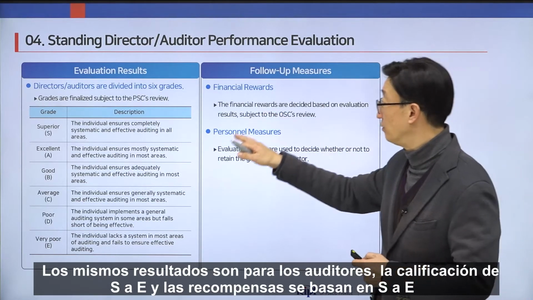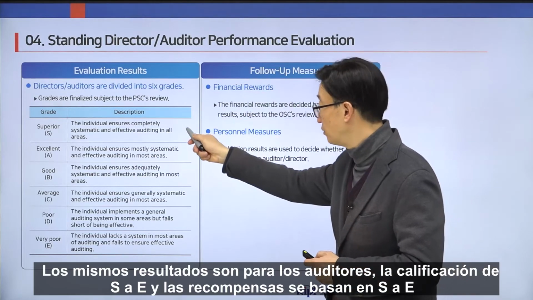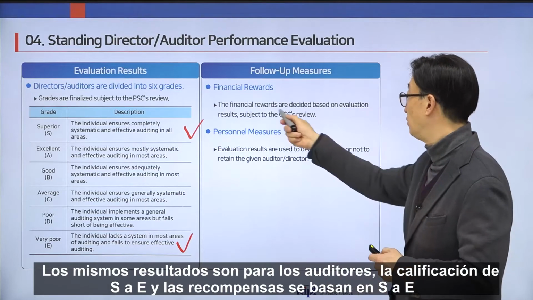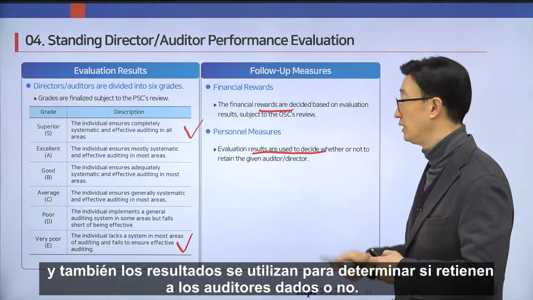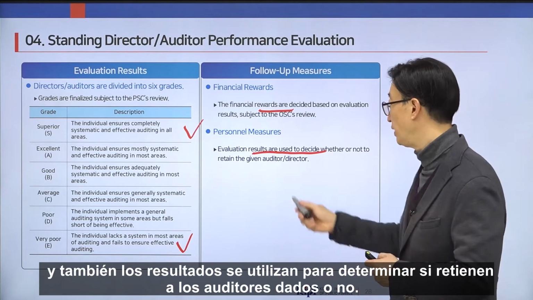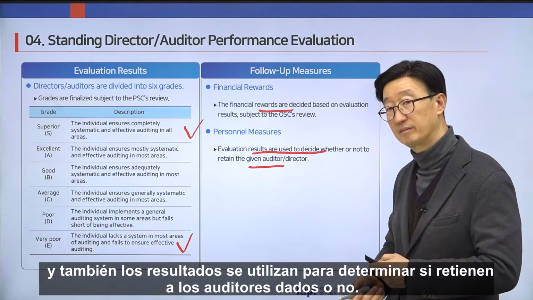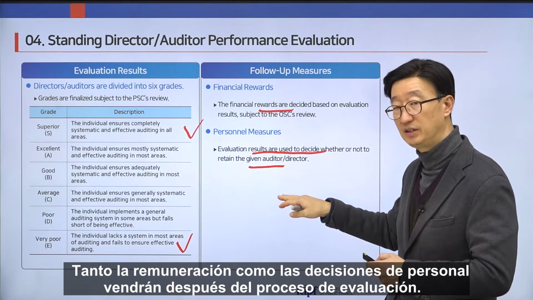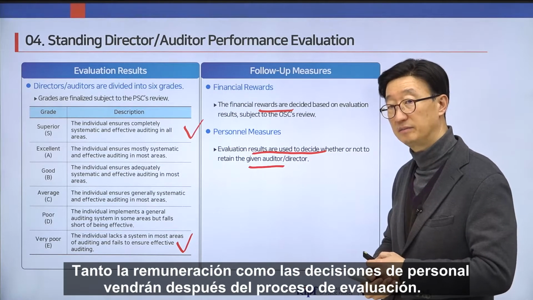Same results for auditors: grades from S to E, rewards are based on S to E, and results are also used to determine whether they would retain the given auditor or not. So both remuneration and personnel decisions will come after the evaluation process.